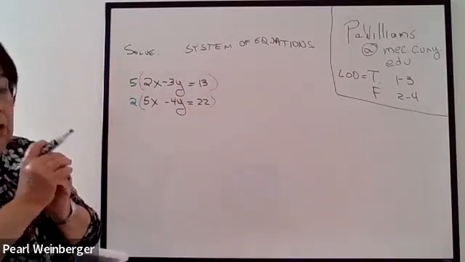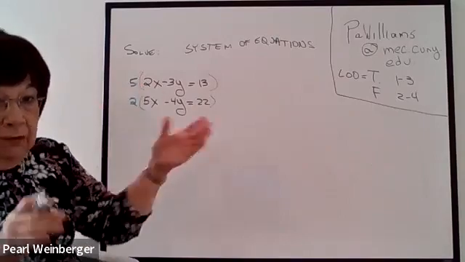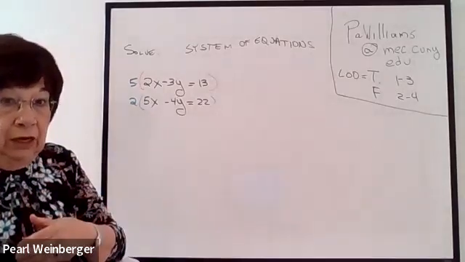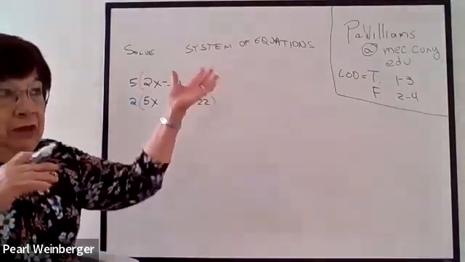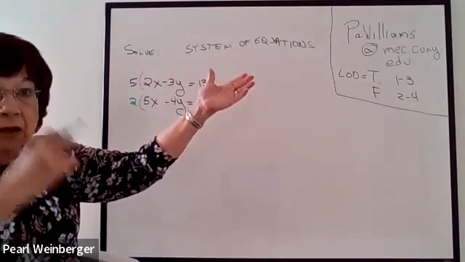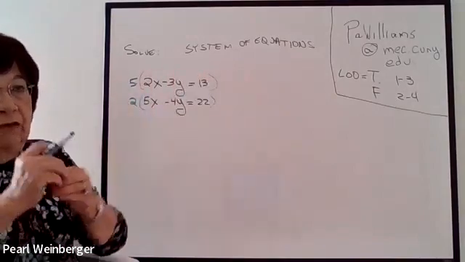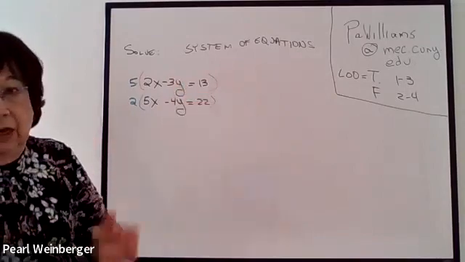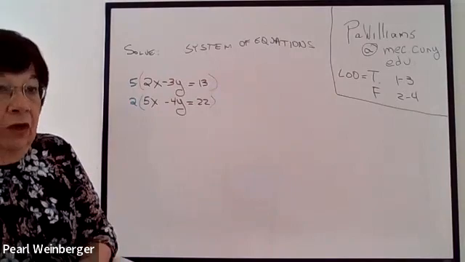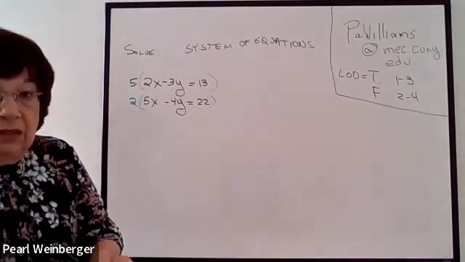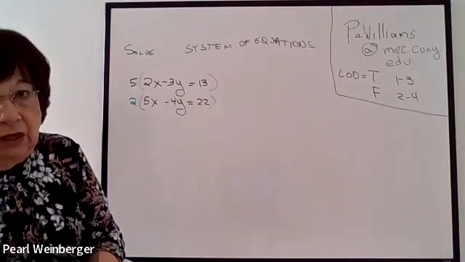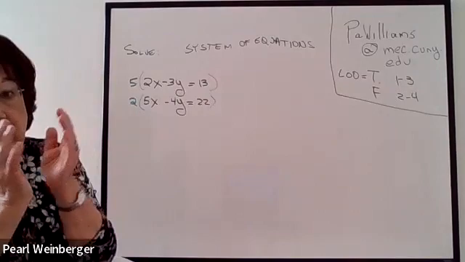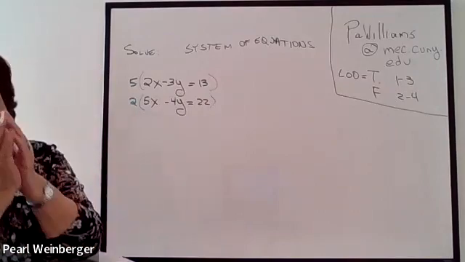Wouldn't we need both x's to have the same number in front of them, but one with a positive sign and one with a negative? If I have a negative 10x, then I need a positive 10x to get rid of it. If I have a negative 80x, then I need a positive 80x to get rid of it. If I have a positive 17x, then I need a negative 17x to get rid of it. You get rid of terms when they're the exact same coefficient, but one is positive and one is negative.